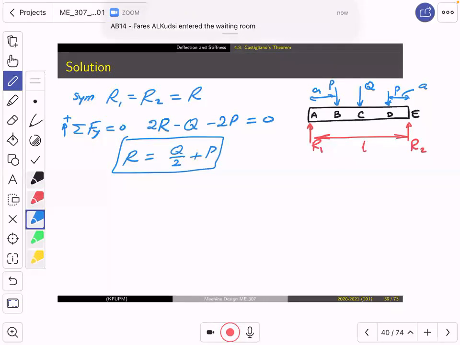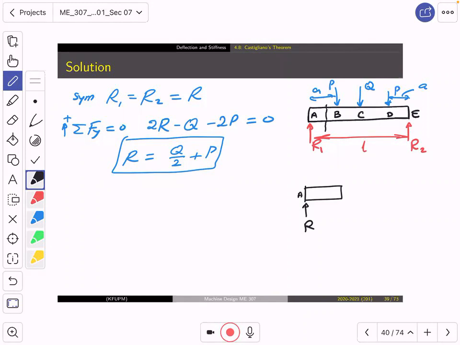Now, what are we going to do right now? We are going to start by cutting the first piece of the beam. So the first piece of the beam, which is this one, I will have a reaction at point A. And then there, I will have a shear force and then a moment.